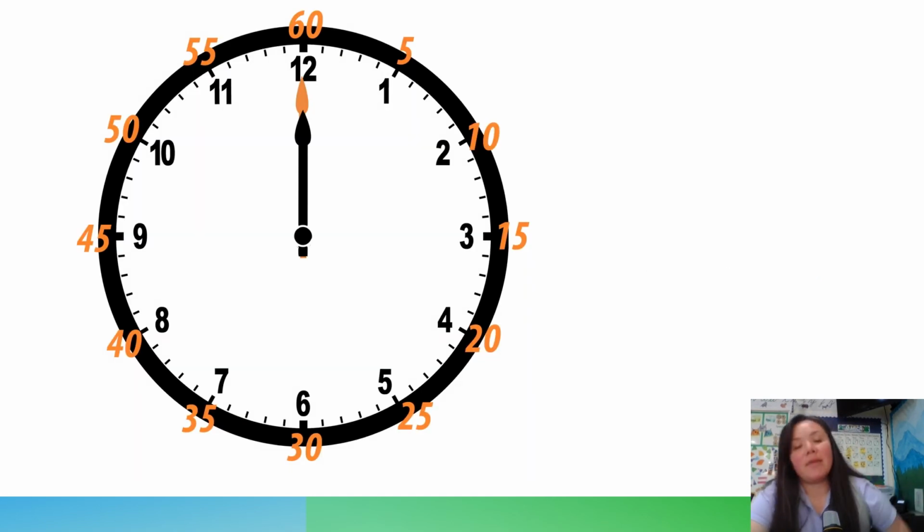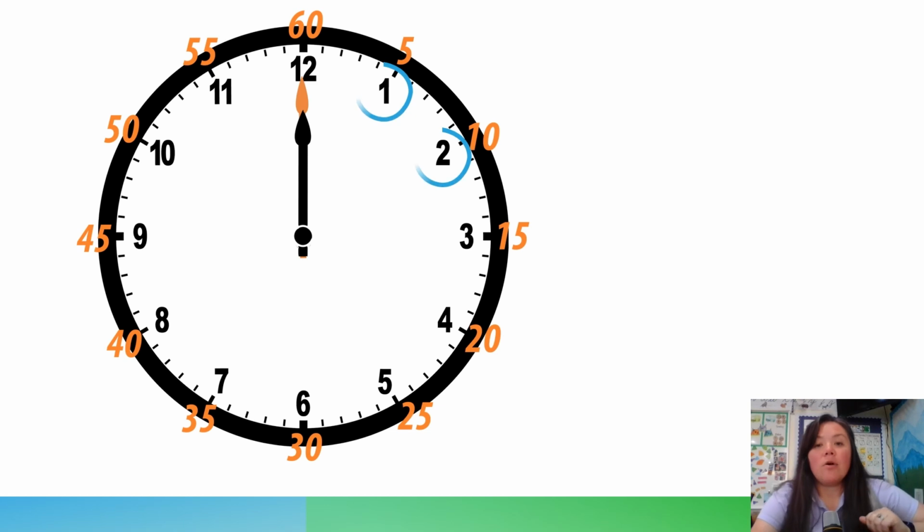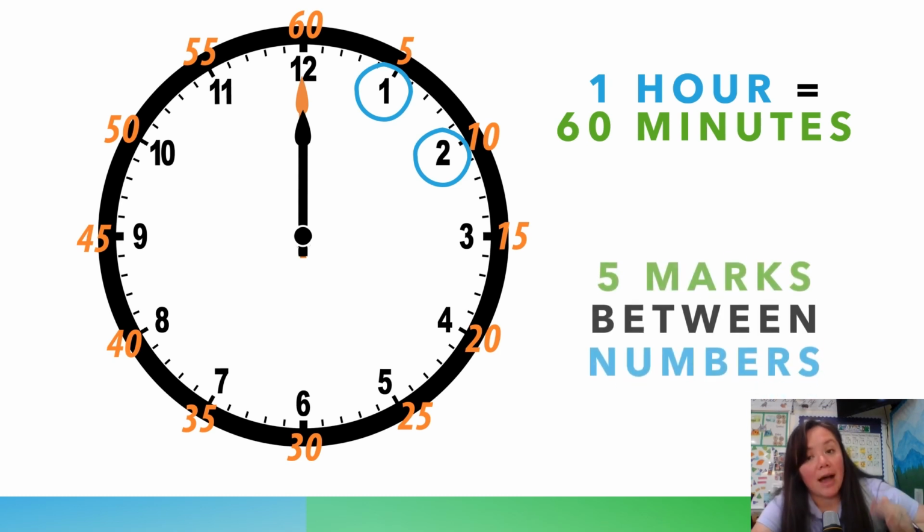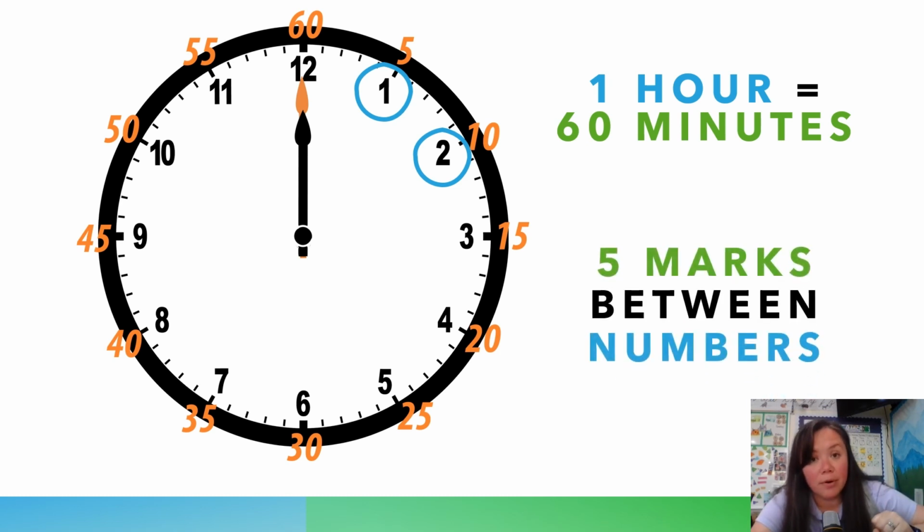Let's move on. We know that 1 hour is 60 minutes, and I've circled those hour marks right there. Those represent our hour. 1 hour is 60 minutes. We know that there are 5 marks in between each number. So if we're counting the hours, we look at the numbers on the inside of the clock.